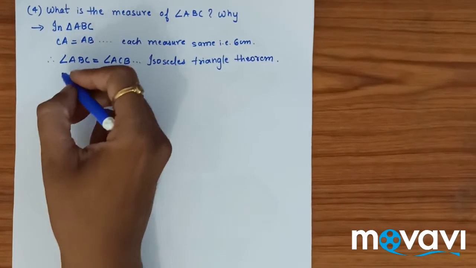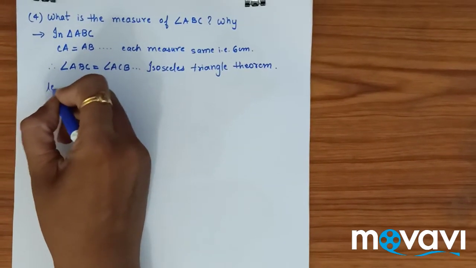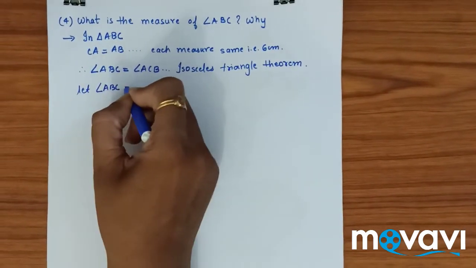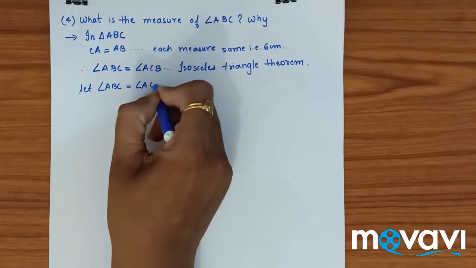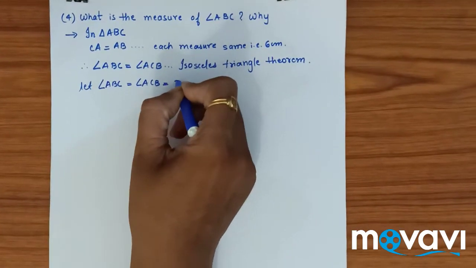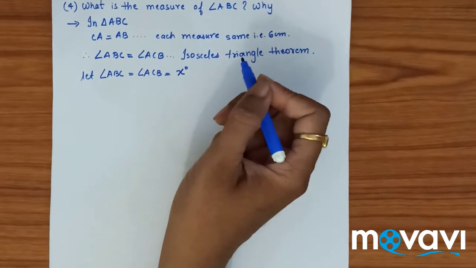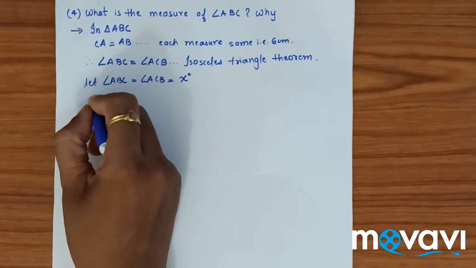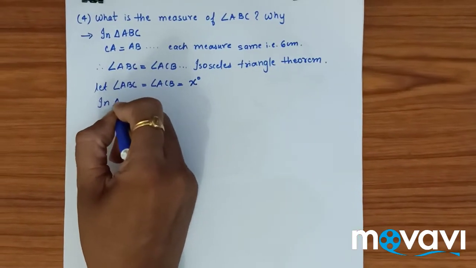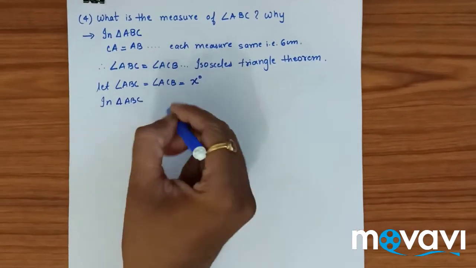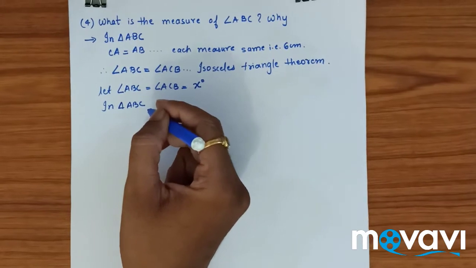Okay. Now let angle ABC is equal to angle ACB is equal to x degree. Let them measure as x degree. Okay. Now again, in this triangle ABC, now you all know that the sum of all angles of a triangle is 180 degree.